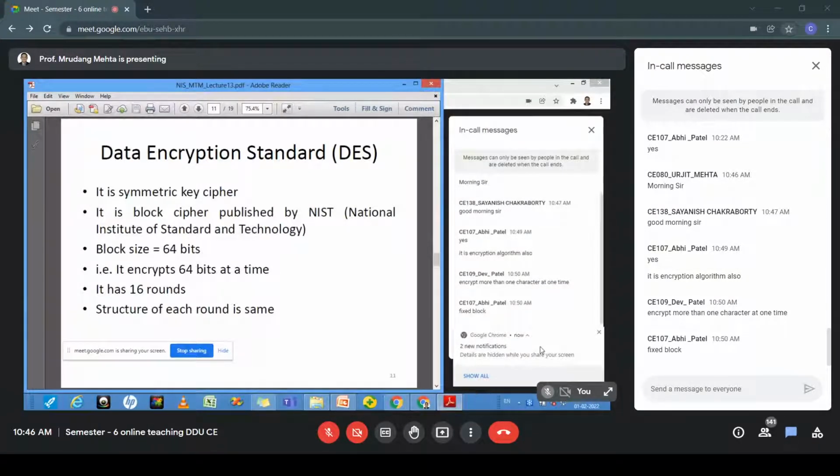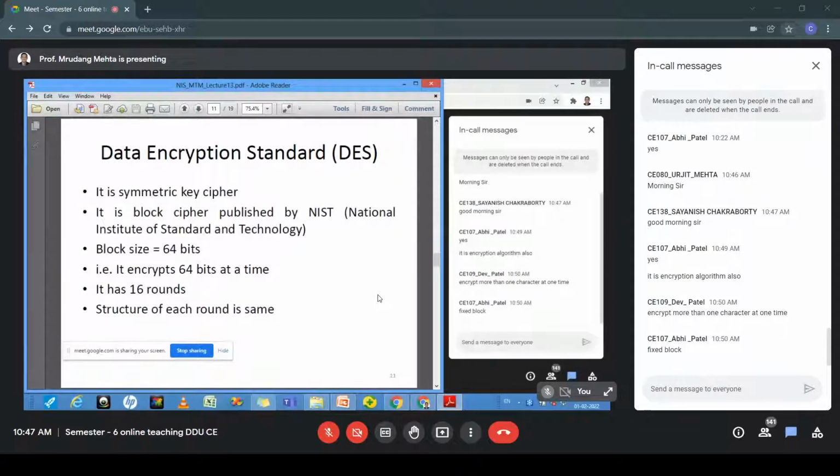Yes, correct. We take a block of certain size and then we encrypt the entire block. So the whole plain text is divided into a number of blocks and each block is encrypted with this algorithm. That is a block cipher.